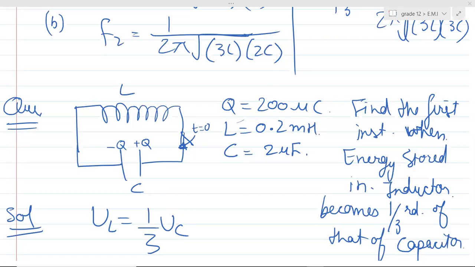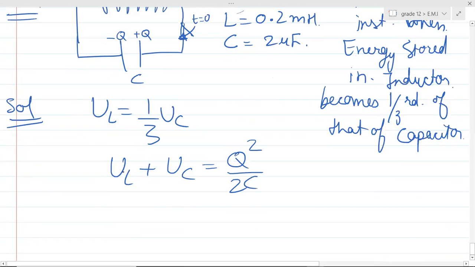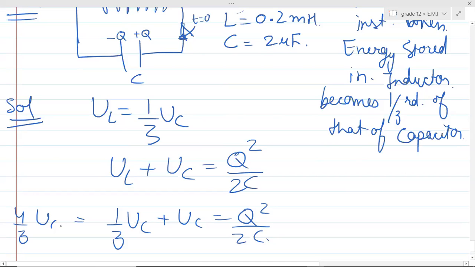How will you do it? See, we know this particular thing, and we also know that the energy stored in the capacitor and the energy stored in the inductor should be equal to the total energy, Q square by 2C. Correct? So I can write this as 1/3 times UC plus UC is equal to Q square by 2C, and I can write this as 4/3 times UC.